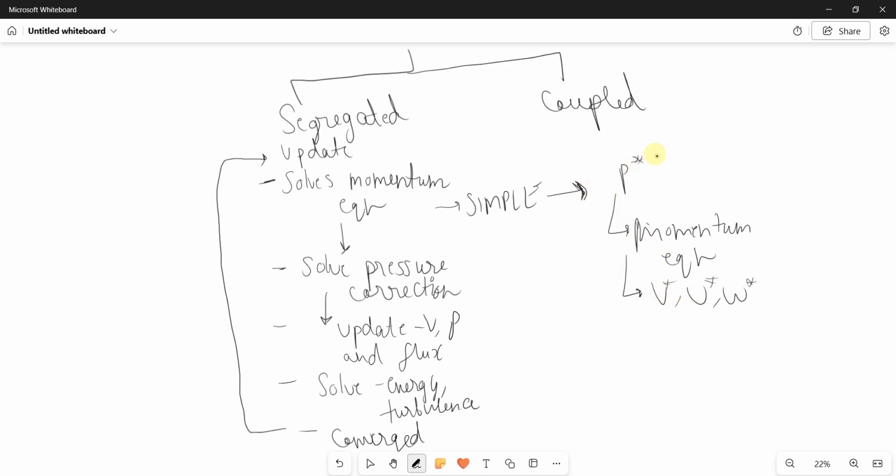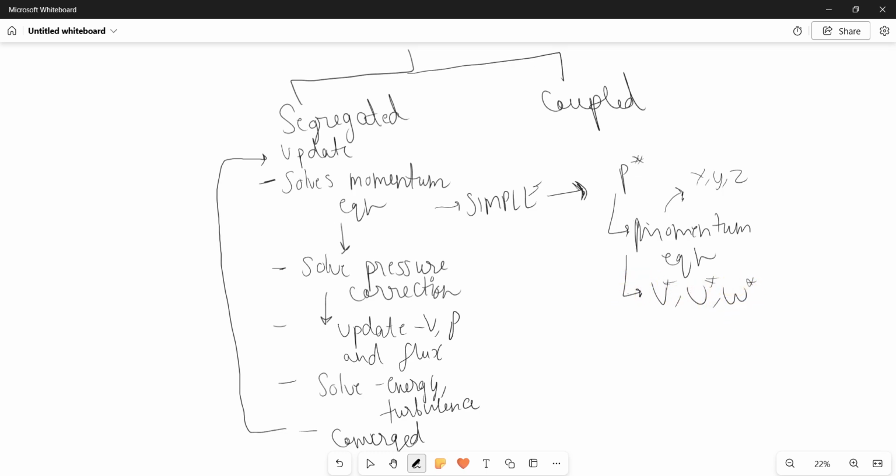So the solver first assumes a value of pressure, then it puts it into the momentum equations, and using the momentum equations you can find velocities. The momentum equation is not one equation, you have x, y, and z momentum equations, and with p star you find v star, u star, and w star. So hope you know that v is the velocity in the y direction, u is the velocity in x direction, and w is the velocity in z direction.